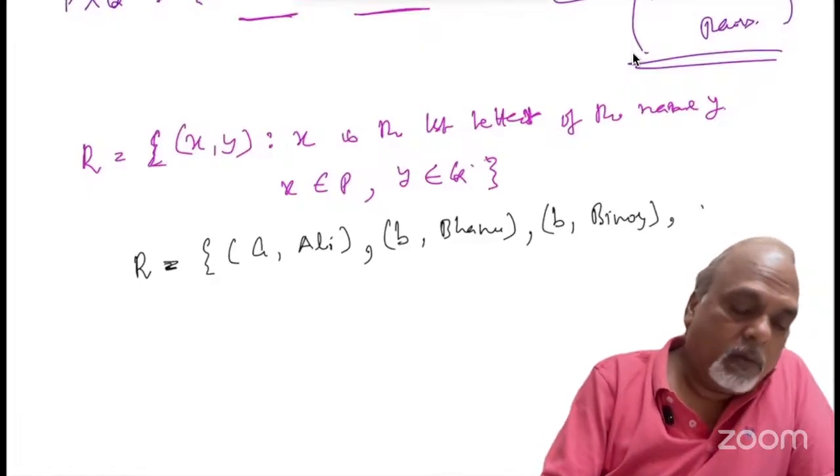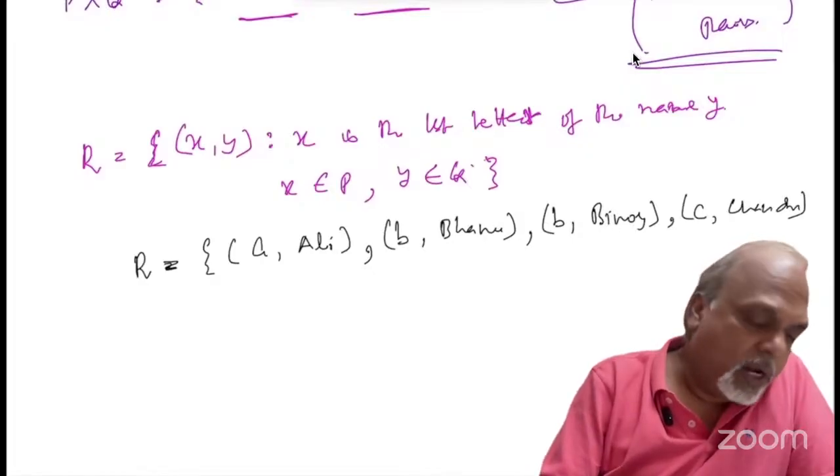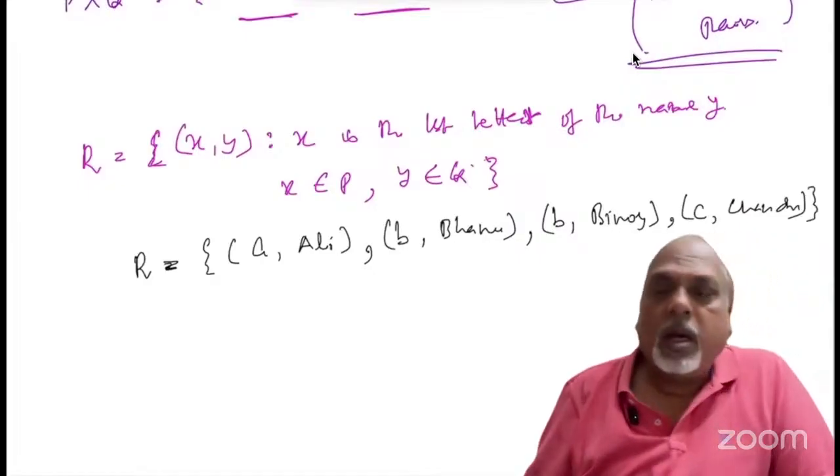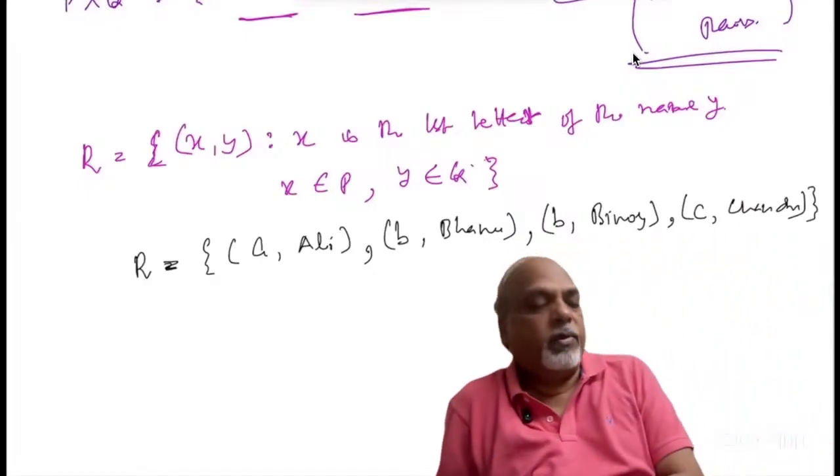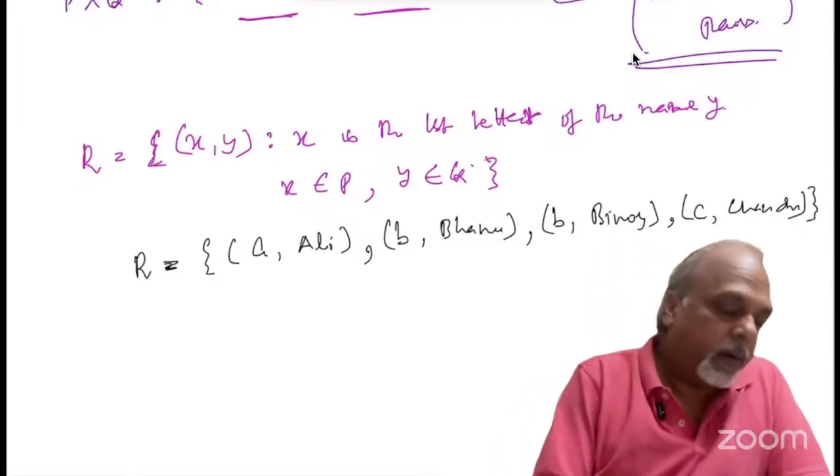And C, Chandra. So these are the only ordered pairs which satisfy the relationship which we have defined here.